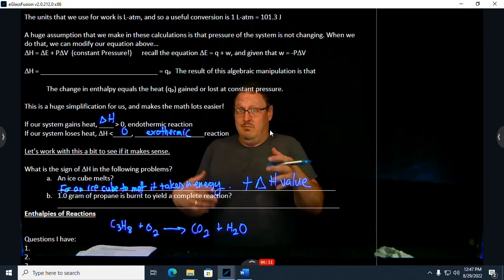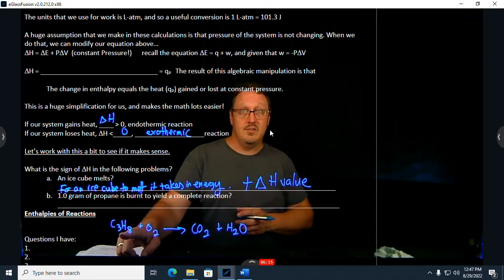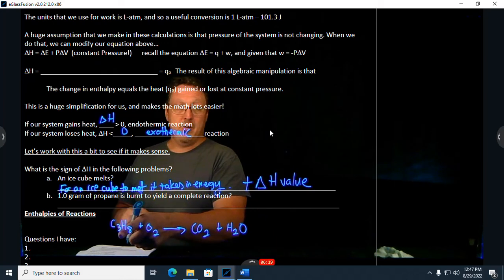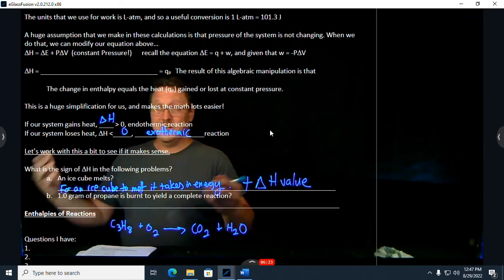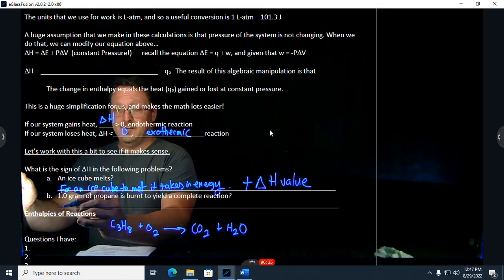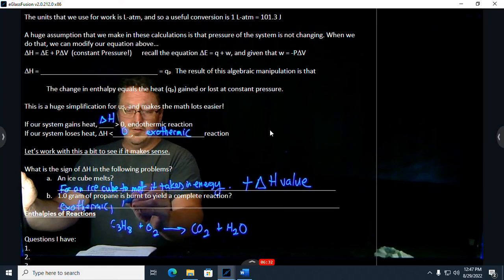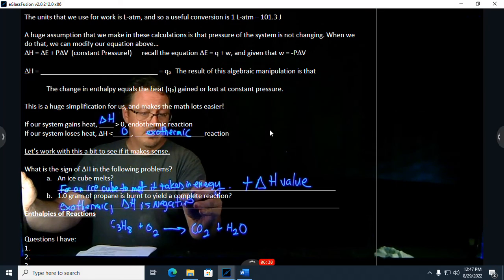When we burn something, we're releasing energy as heat. Burning is exothermic, so delta H is going to be a negative value because you're losing energy.